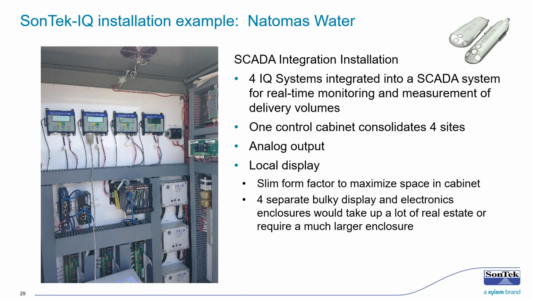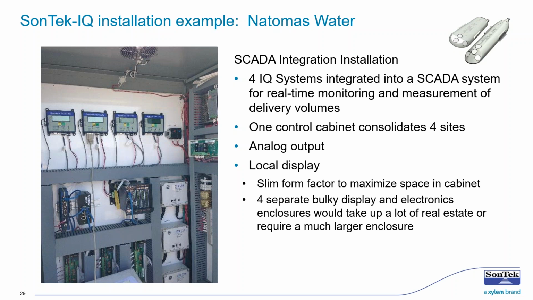And at this particular site, they're actually able to consolidate 2 IQ pipes and 2 IQ pluses into one SCADA cabinet. And I think it was really convenient that the design of the IQ flow display as well as the cable was really slim and compact so that they could get everything into one entire SCADA cabinet. One thing you'll actually see with a lot of the continuous wave systems is this kind of large power control and display, and that's required to run the instrument.